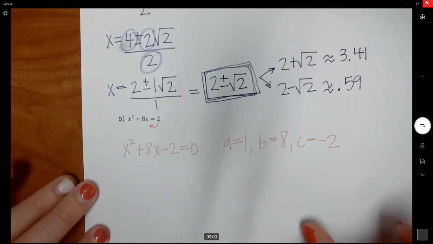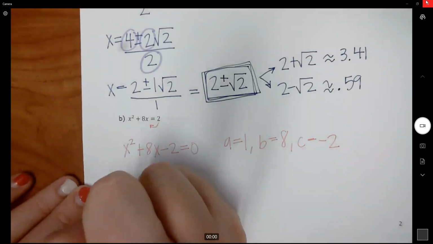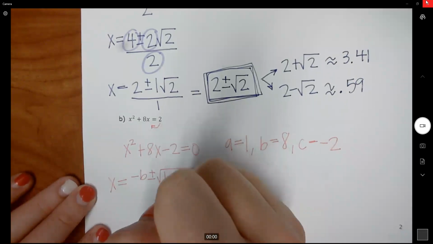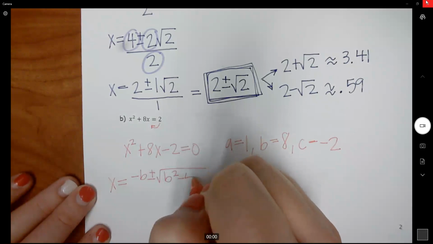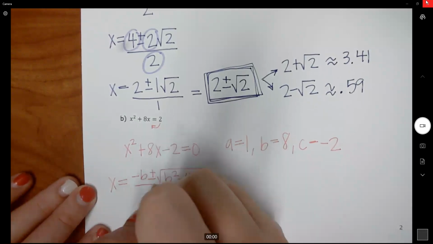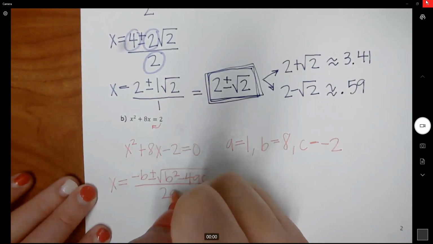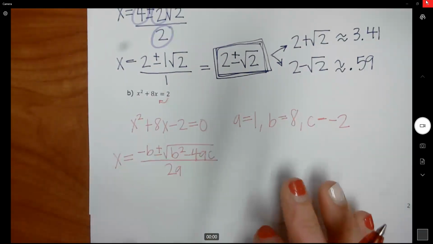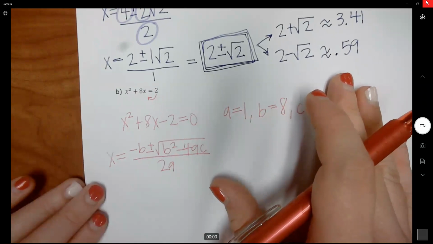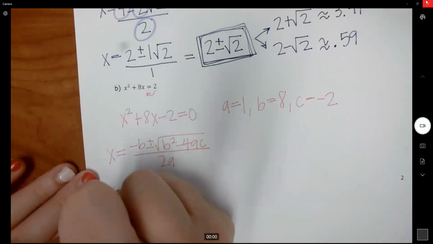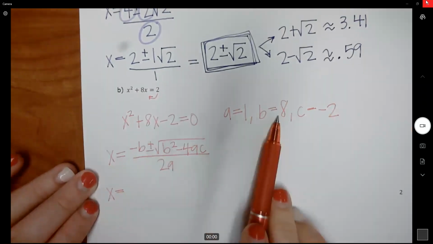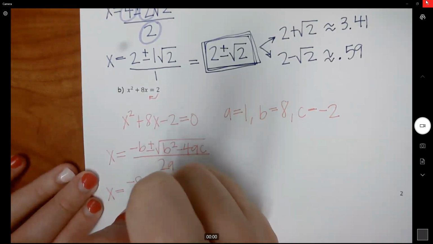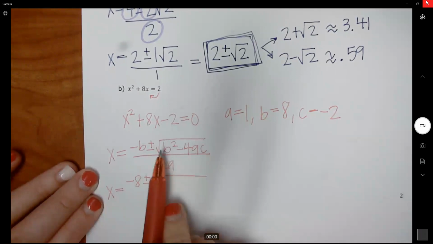So now let's plug this into our formula. Because I can't see it, I'm going to go ahead and rewrite it real quick. So x equals -b plus or minus the square root of b squared minus 4ac all over 2a. So substitute in your values. I've got -b, my b is 8, so I'm changing that sign to a -8, plus or minus b squared.